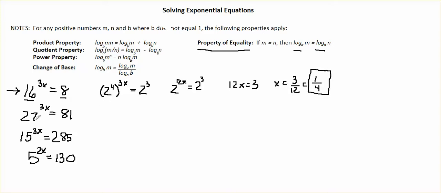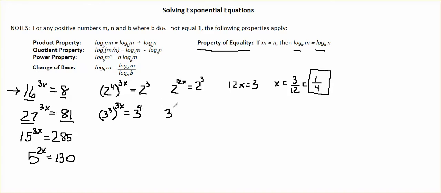So let's take a look at this next example, and if we ask ourselves, can we write 27 and 81 as powers of the same number? We can. 27 is 3 cubed, and I'm putting it in parentheses again because it's being raised to a power, and 81 is 3 to the 4th power. Okay, again, raising a power to a power, we multiply.